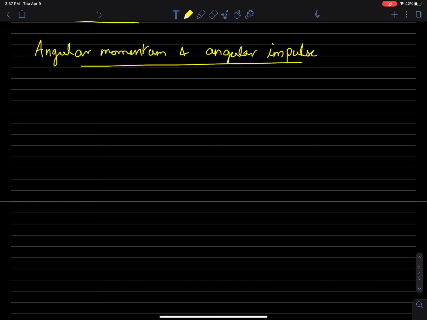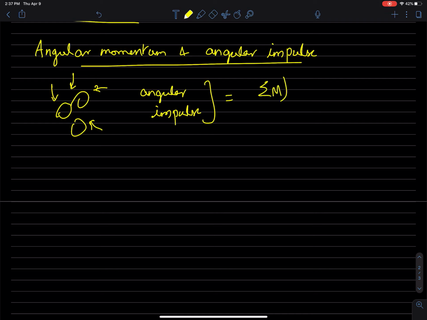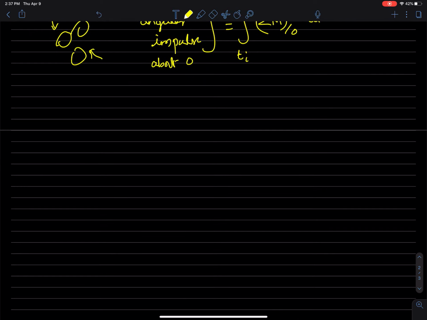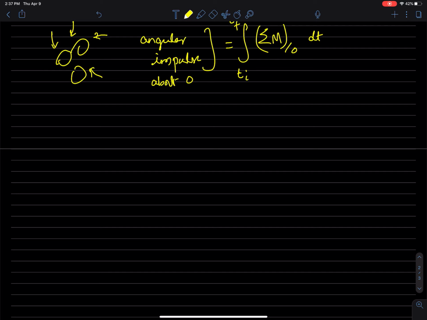Okay, so if you have some system, some weird system with a whole bunch of forces perhaps, then angular impulse is the sum of all moments about some point, let's say O, dt integrated from t initial to t final, whatever the moments may be, about whatever point you're taking the impulse about.